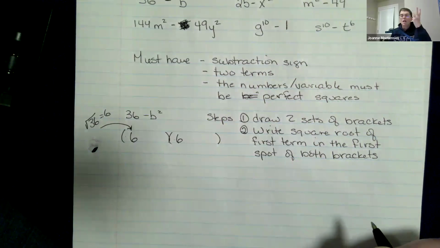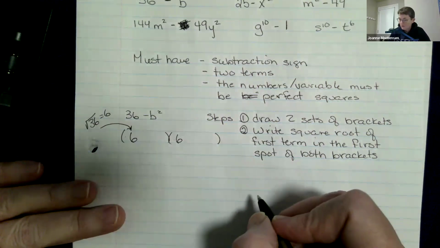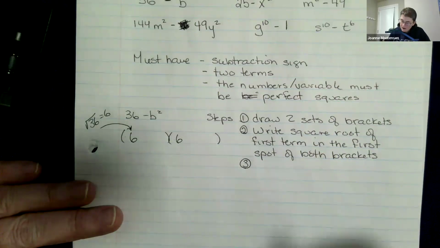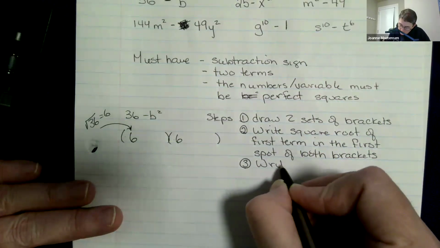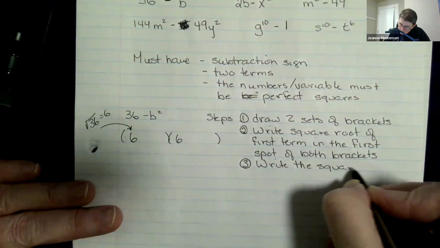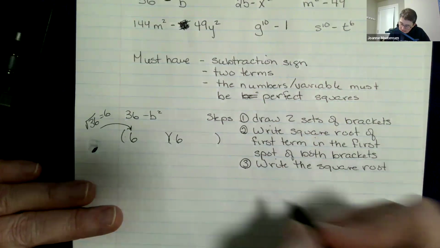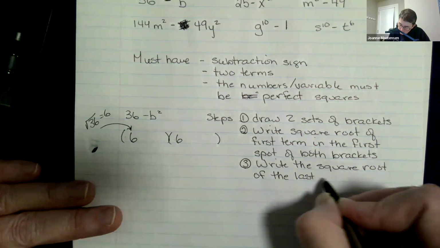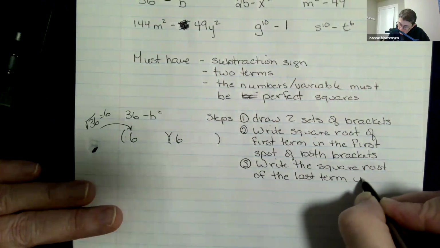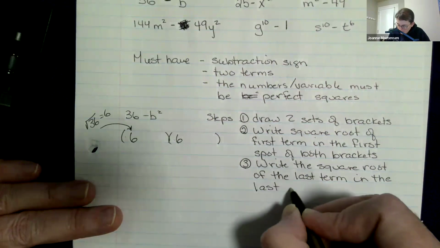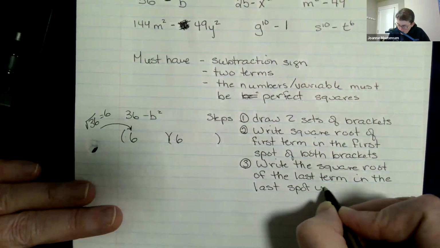Okay. Third step, and there's only 4 that you have to do. There's a 5th one that I'll show you because I can. Third step, take the square root of the last term and put it in the last spot in both brackets.